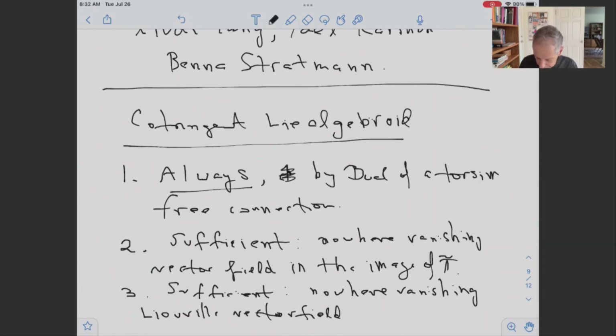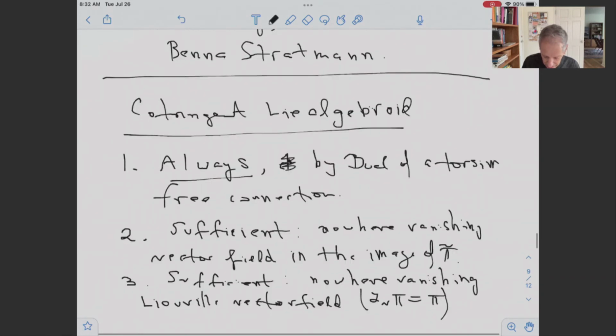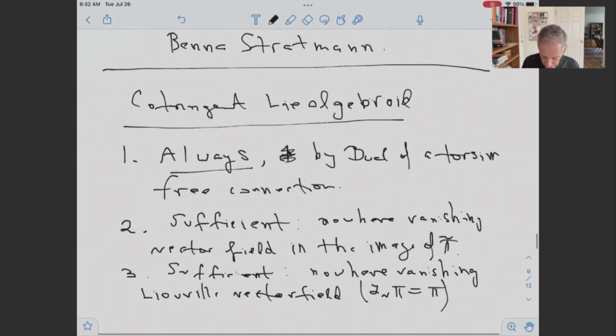By Liouville vector field, I mean that the Lie derivative by the vector field V of pi equals pi, or minus pi, it doesn't really matter. Again, in the image of pi tilde.